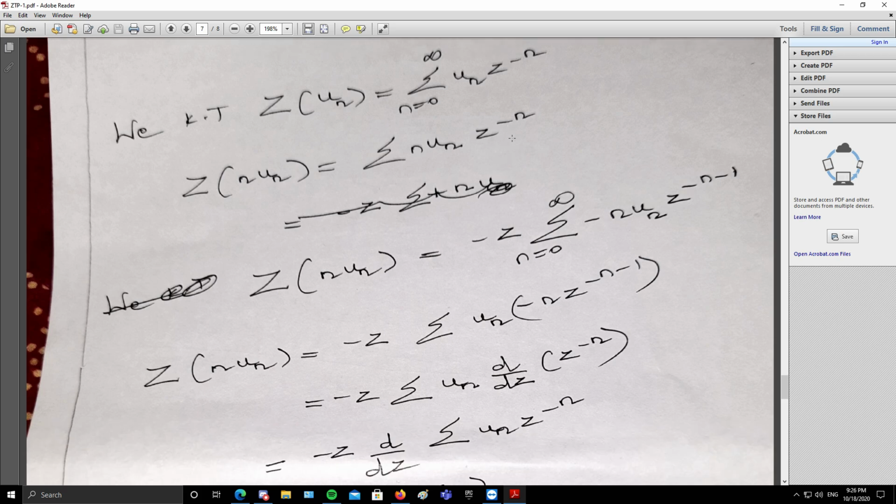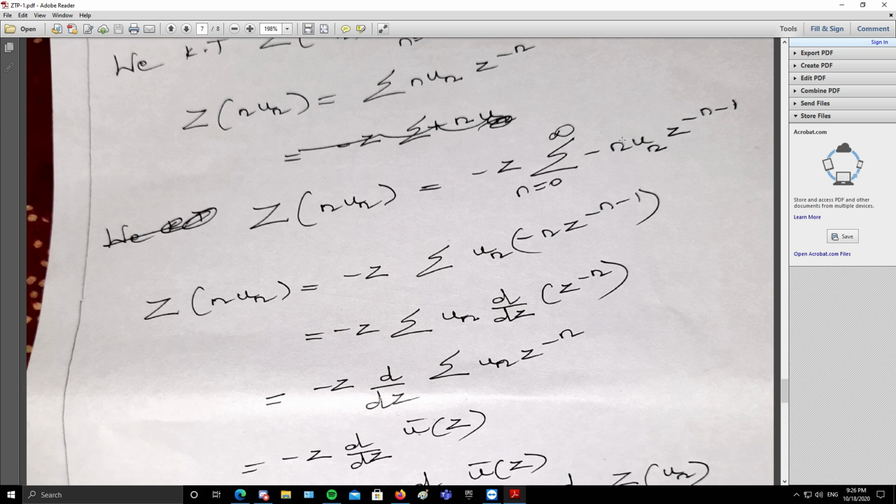In z^-n, you split it as z into z^-(n-1). Now the summation is only over n, so z is taken out. Now what is this summation? It is summation un into -n z^-(n-1). This term is the same as a derivative of z^-n.